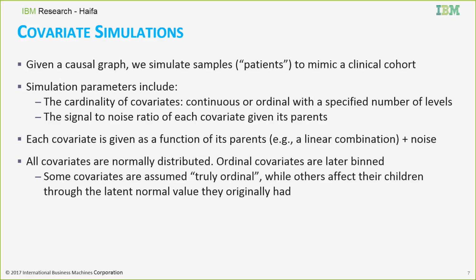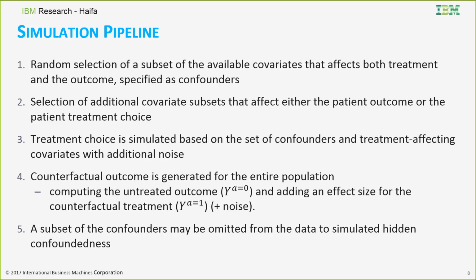When you want to simulate the covariates, you assume that you have some noise about how covariates affect each other, and then you simulate given this structure the covariates, and from this you simulate the treatment assignment. So this is just an example of a pipeline. You start with, as an example, selecting subsets of the covariates as the ones that are confounders.